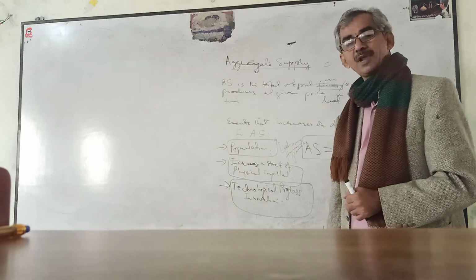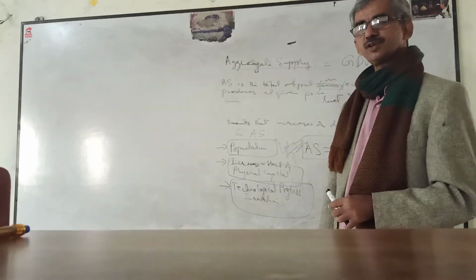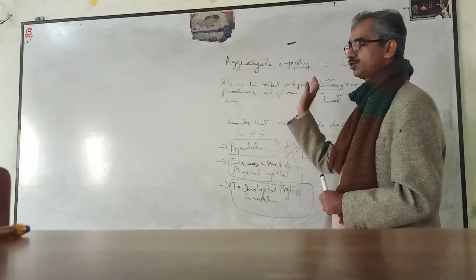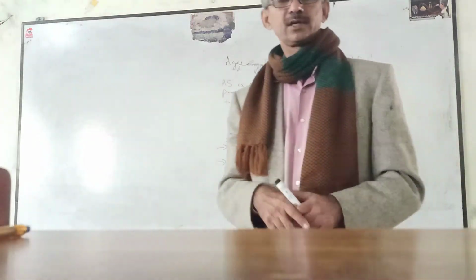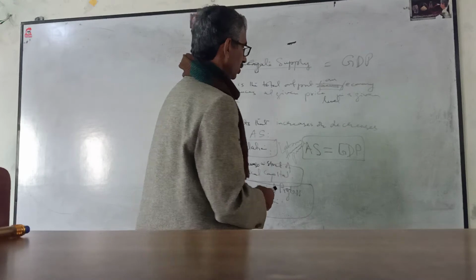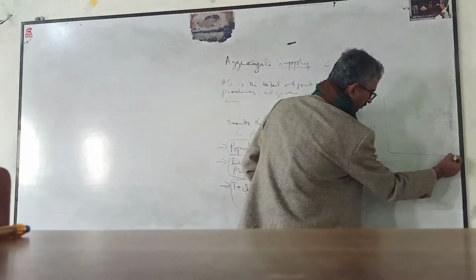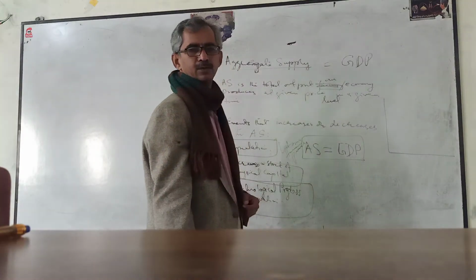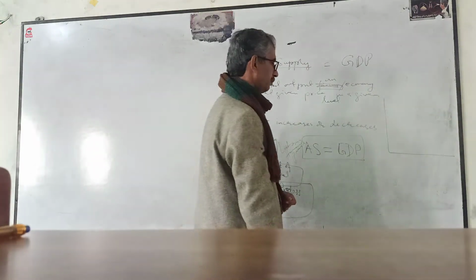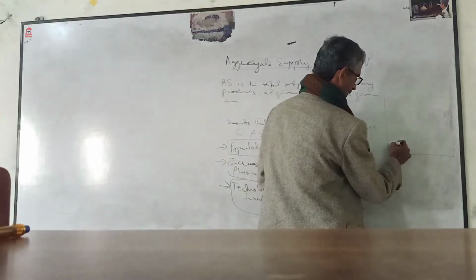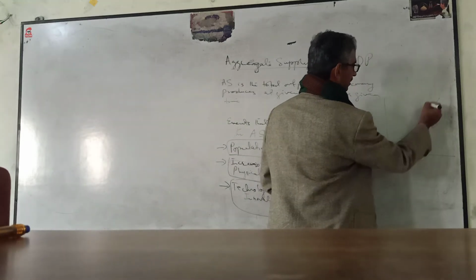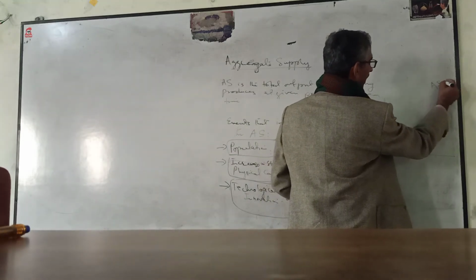In the next class, I will be discussing the shift factors which cause the shift in the supply. But before concluding this class, I am simply giving you the example of the aggregate supply curve.